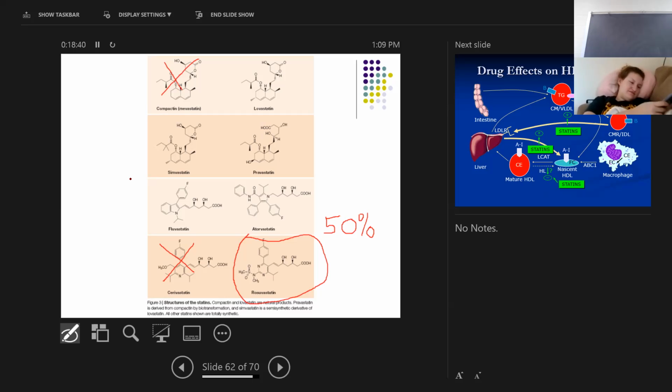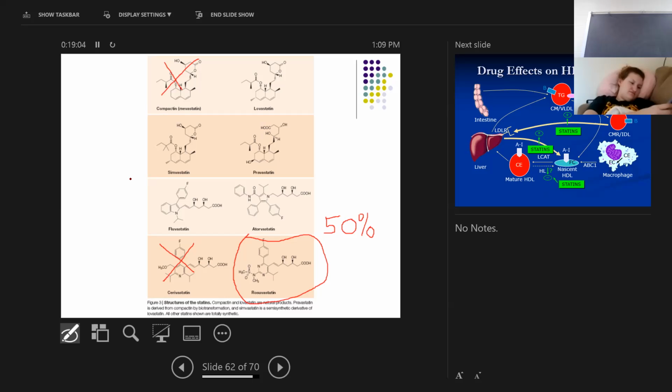Pravastatin is metabolized by phase 2, so you don't have the enzyme drug-drug interactions that you have with these others. So pravastatin is a better drug for certain people.